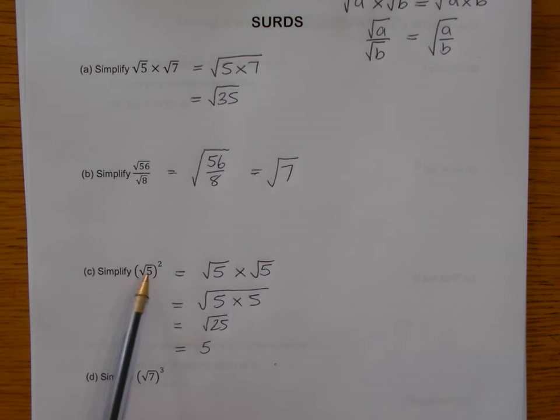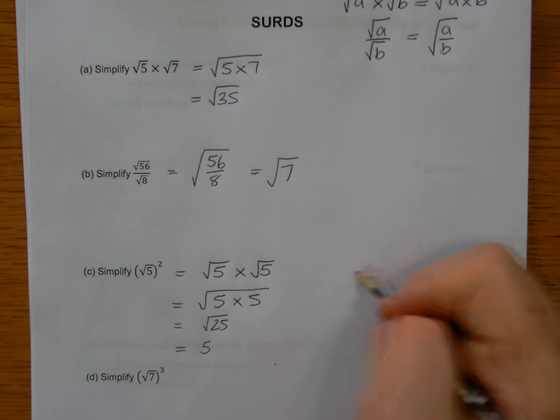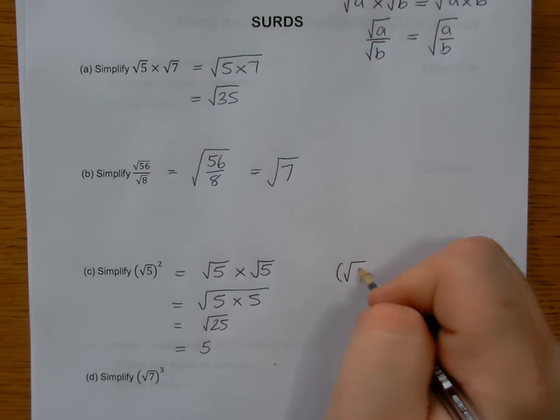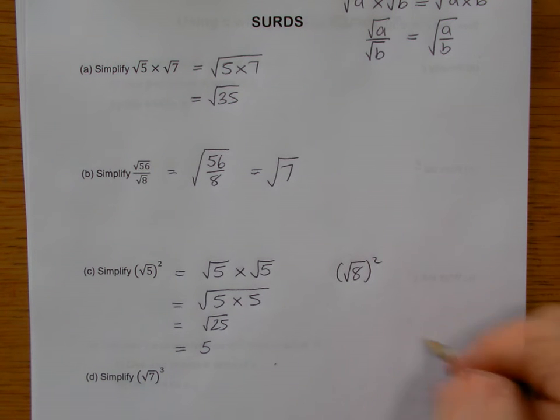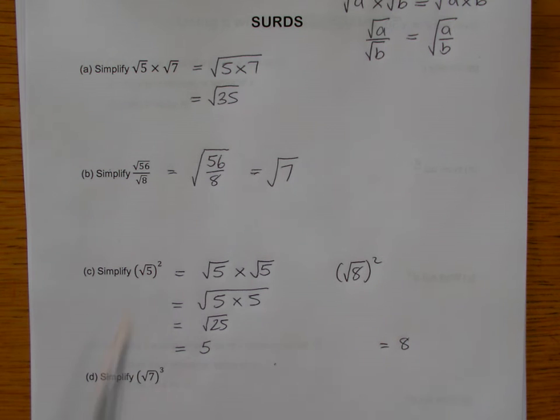Now, it's no coincidence that square root of 5 squared works out to be 5. Similarly, if we have the root of 8 all squared, it will actually come out to be 8. The reason why is, well, one, I've shown you by doing it this way, timesing the surd by itself, and then you put it under one surd, 5 times 5, 25, and then you root it.